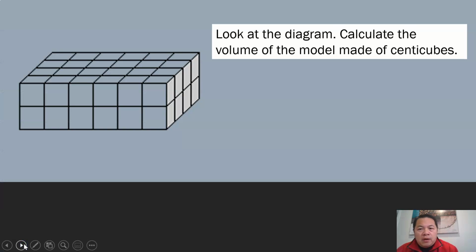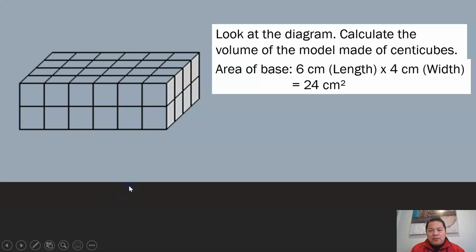Looking at this model here, are we able to find out how many centicubes there are? Some of you may say, oh, Mr. Leong, I can do the count, but let's do the professional way. By looking at the area of base, just referring to your student book, page 67.